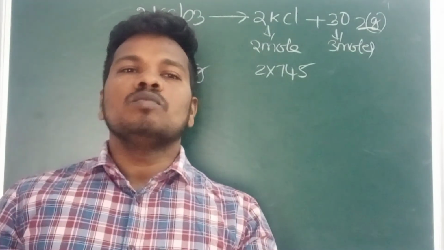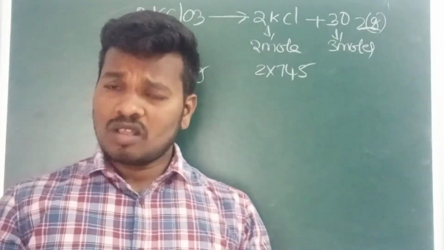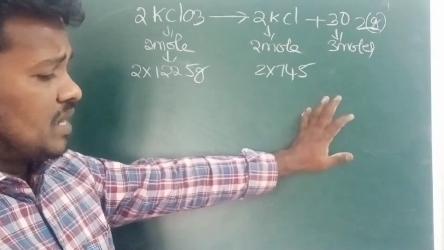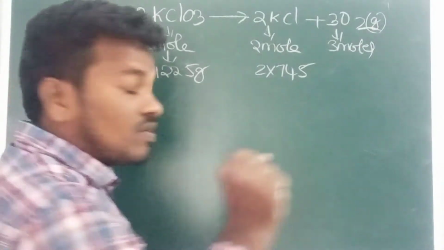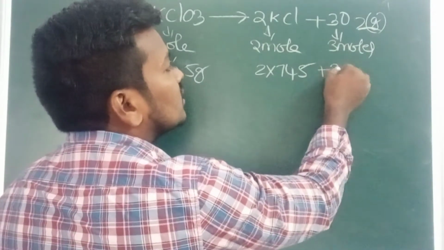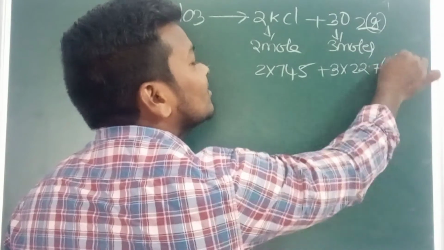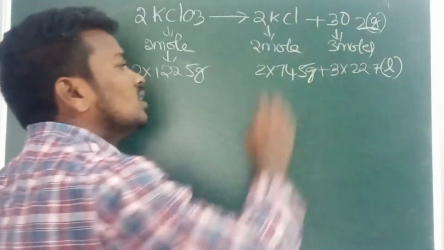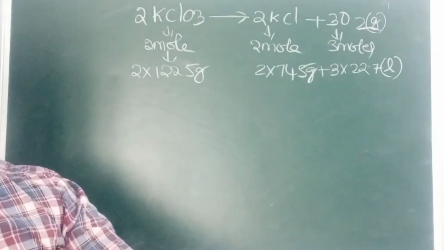If they give the volume, we can find out the mass. If they give the mass, we can find out the volume. So at STP, a gas occupies 22.7 liters. So this 3 is 3 into 22.7 liters. These are grams, these are liters.